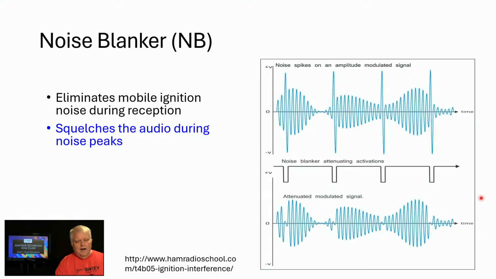It's kind of like a switched squelch. It sees this noise pulse and it will squelch the receiver off just briefly during the noise pulse. And this then becomes a very listenable signal, whereas a signal with all these noise pulses is very hard to listen to. So a noise blanker can be your friend in the case of impulse noise.